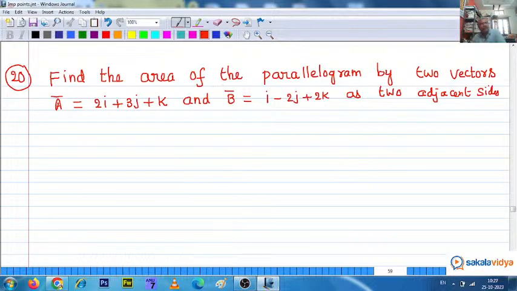If A bar and B bar represent two adjacent sides of a parallelogram, then find its area.